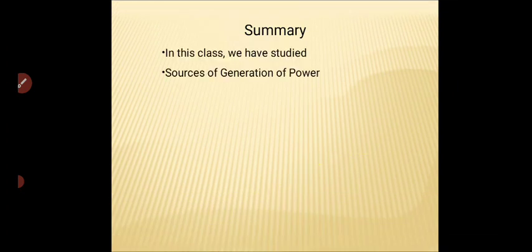In this class we have studied source of generation of power. The source of generation power means we will briefly introduction. I will give once again the deep introduction to this. A water turbine or hydraulic turbine is a rotary engine that extracts energy from moving or falling water.